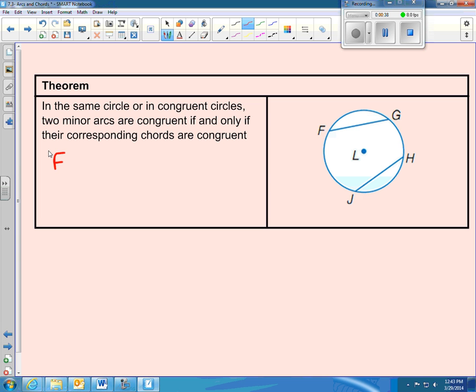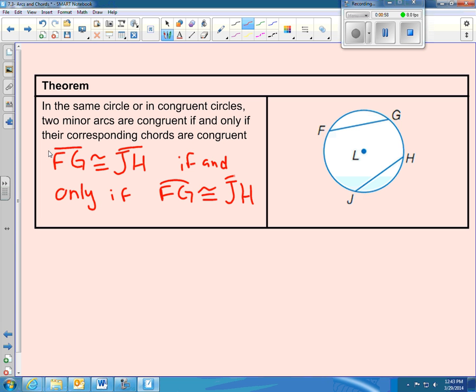If we know that chord FG is congruent to chord JH, then we know that the arcs are congruent. So we can say FG is congruent to GH if we know that these arcs are congruent.